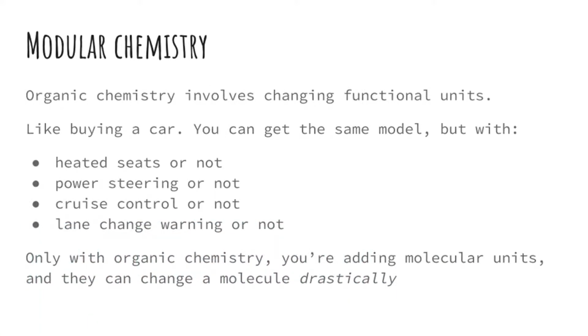Organic chemistry is often called modular, in the sense that you can take the same molecule and snap bits off, snap bits on. Think of it like buying a car. You can get a car with absolutely no frills, or you can get one with all the bells and whistles, or you can get one anywhere in between, with or without heated seats, with or without the rear view camera, with or without the left turn signal.